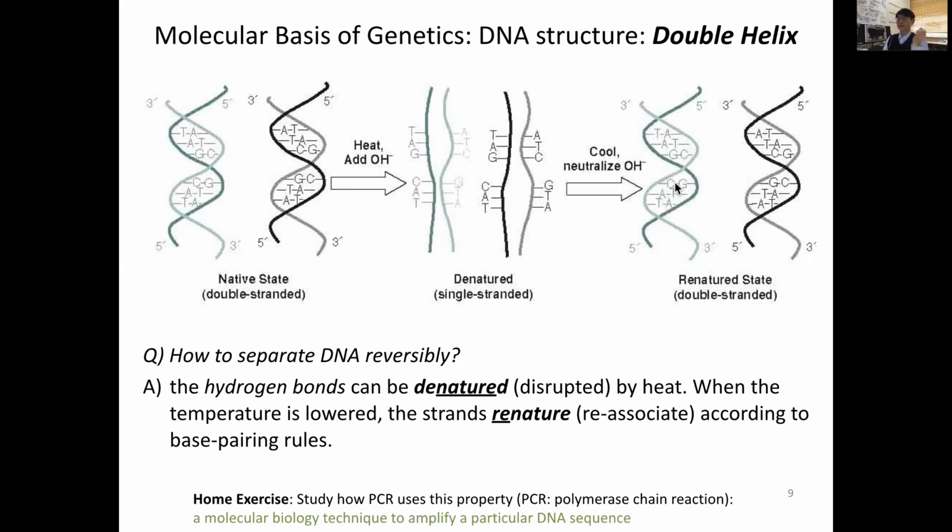In fact, this forms a cool idea which led to a Nobel Prize for how to amplify DNA. It is a molecular biology technique to amplify a particular DNA sequence exponentially, to study the function of DNA or identify a gene. This is a very important technique called PCR, or polymerase chain reaction.